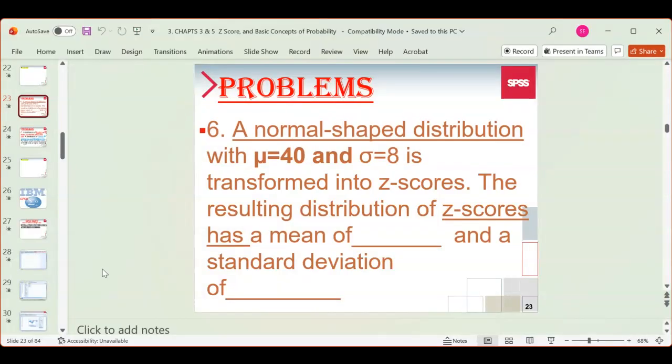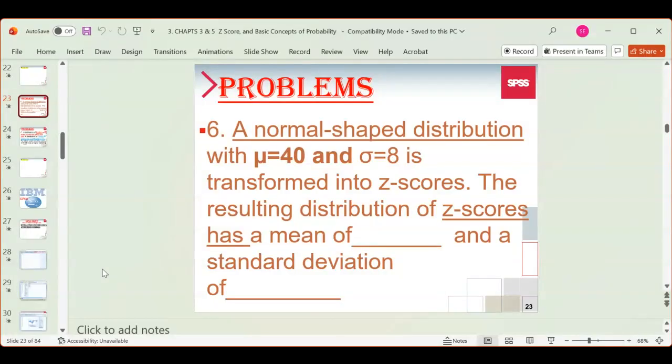It's always the same. Always. It doesn't matter what you put on top. Any standardized test with a mean of whatever, and standard deviation of whatever, if you convert it to z-score, that 40 mean will be 0 for the z-score, because the mean for z-score is always 0.